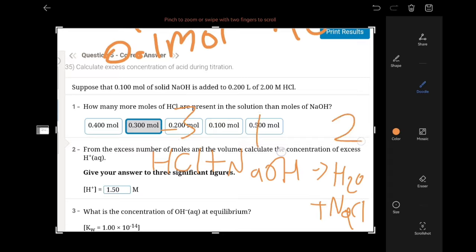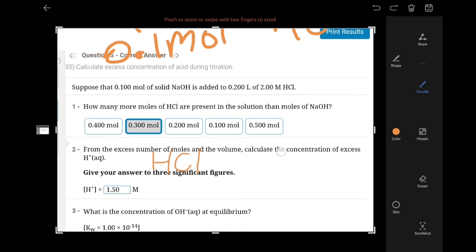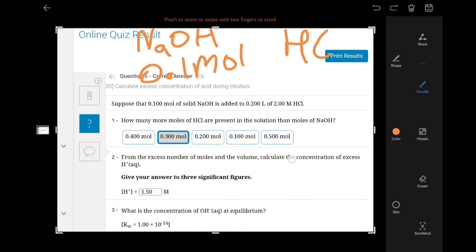There's going to be -2 left. You're basically doing that. So you have 0.4 and 0.1. Cancel, you have 0.3 moles of HCl left. After everything gets cancelled, of HCl left, or of H in general, there's 0.3 moles left. So you do 0.3 over 0.2, that's what you get. It's 3 over 2.